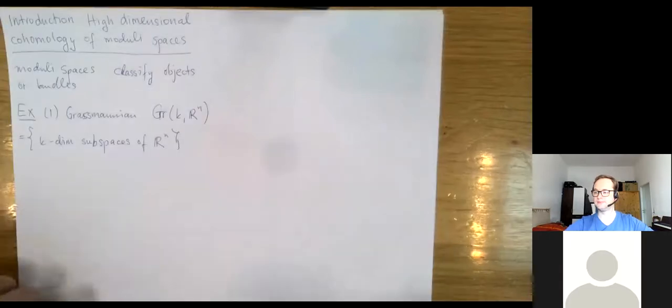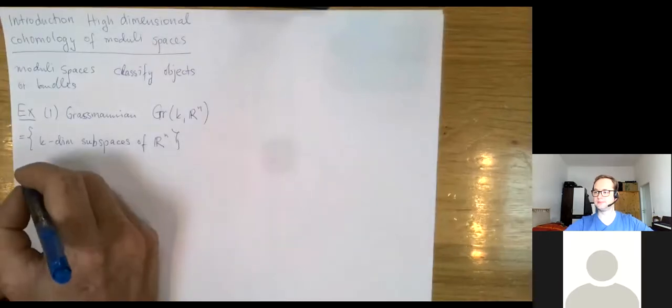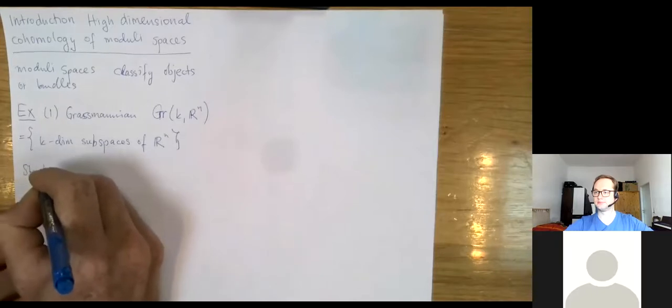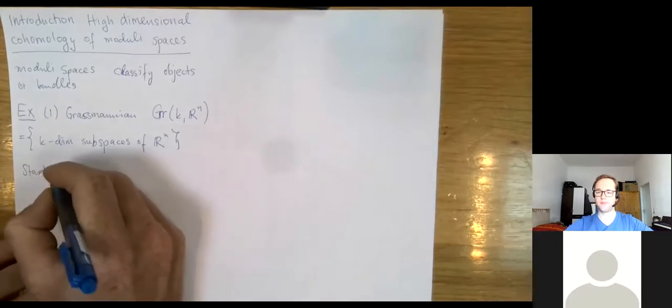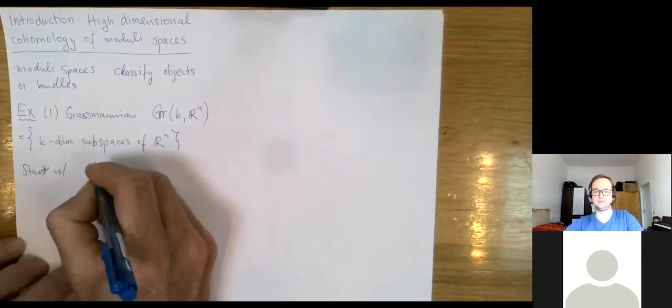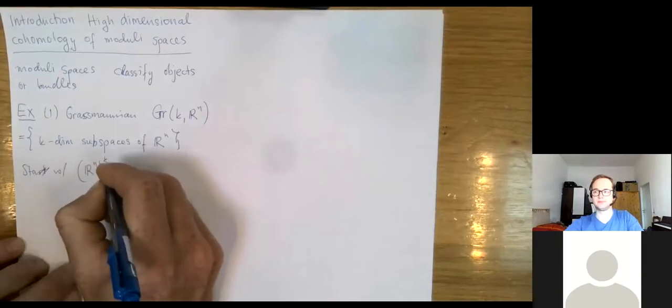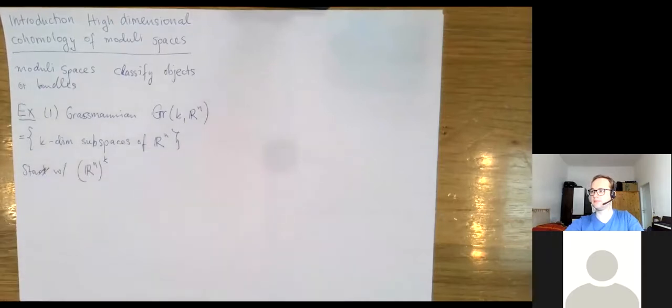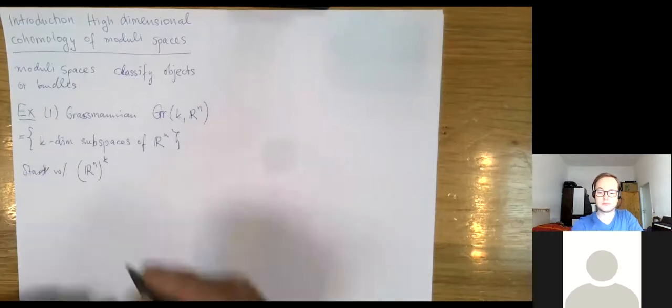For example, what you could do is you take k-tuples of R^n vectors.